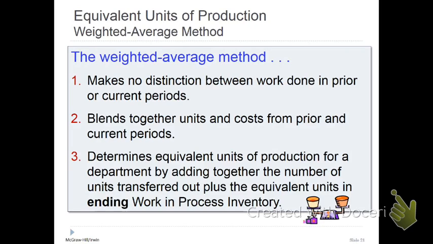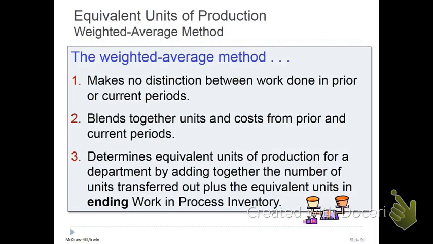Now some things about the weighted average. It's not as 100% accurate as FIFO, but for most of us it's going to be good enough, especially where we have just-in-time inventory, where we're ordering just enough. Weighted average will be, and I hate to use the words, good enough.